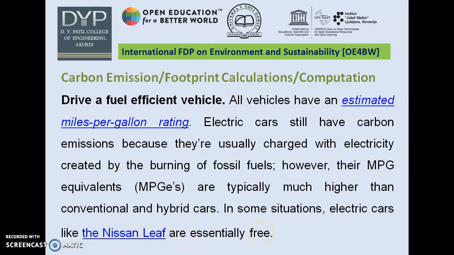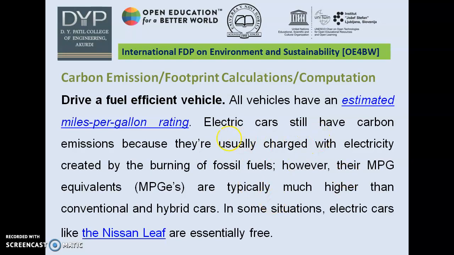So just now we discussed in the previous slide, those vehicles which run on fossil fuels, for example petrol and diesel, come from the natural resource petroleum, which is a fossil fuel and emits carbon dioxide. And those cars which run on electricity are also charged by electricity, and that electricity is produced by burning fossil fuels, for example coal burning, thermal energy.